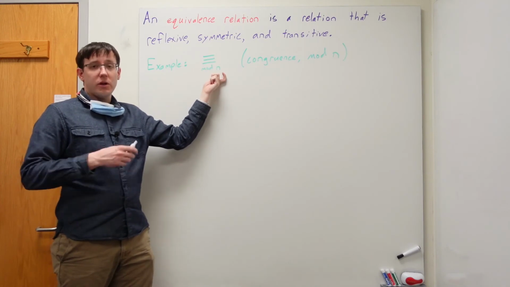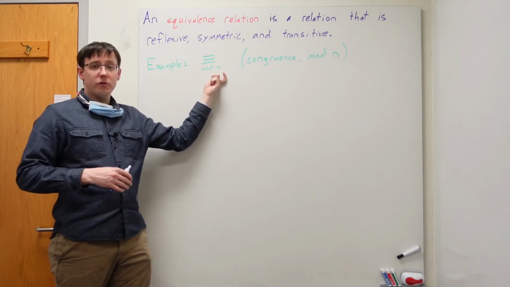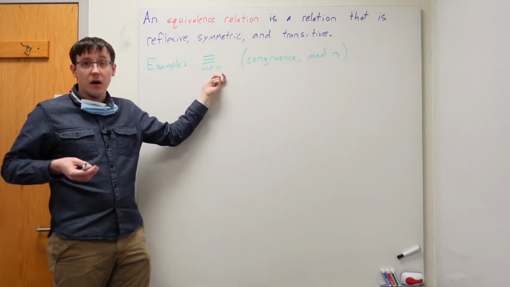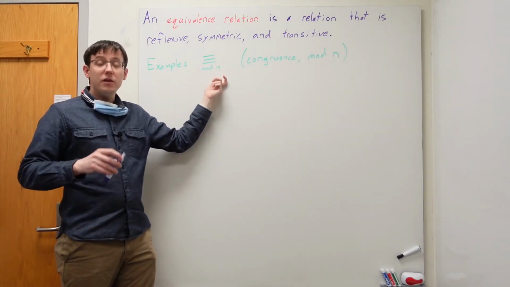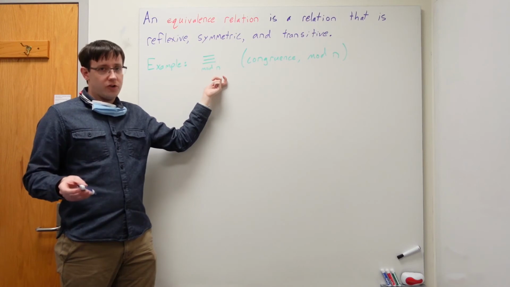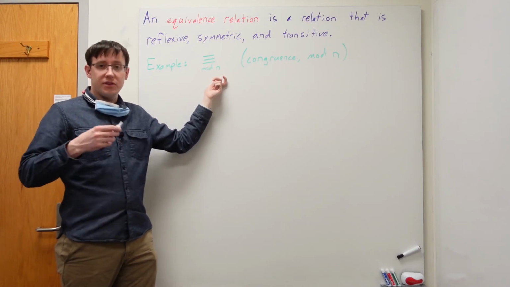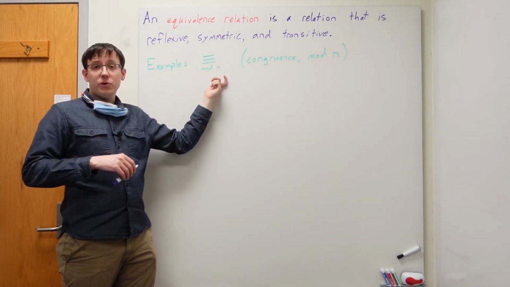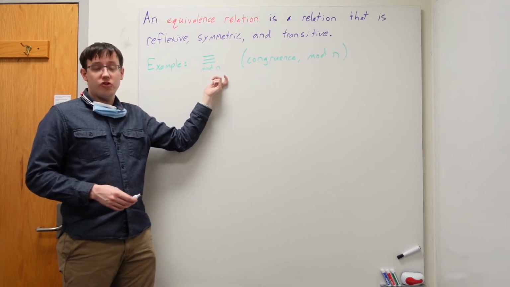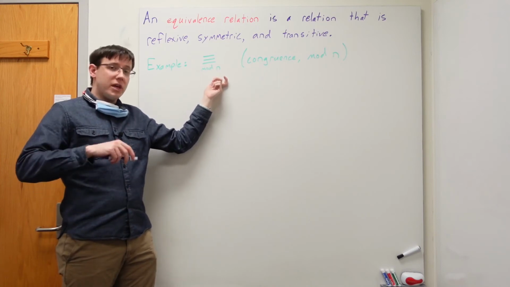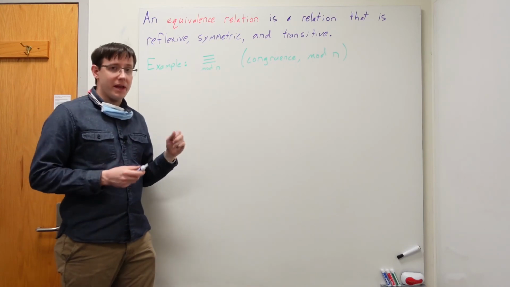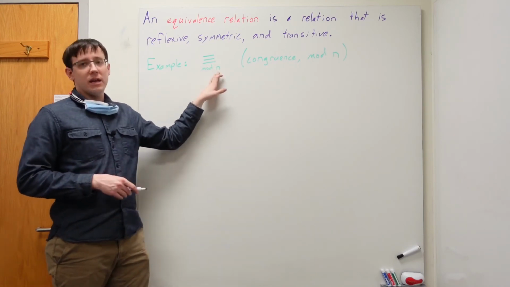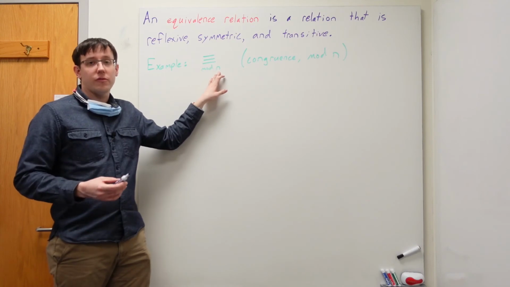For example, congruence mod 4 or congruence mod 17 are valid relations. But congruence mod n turns out to be an equivalence relation for any positive integer n. And so I will do these following proofs in terms of a general n, but it's worth keeping in mind that congruence as a relation only makes sense if we fill in a specific integer for n.